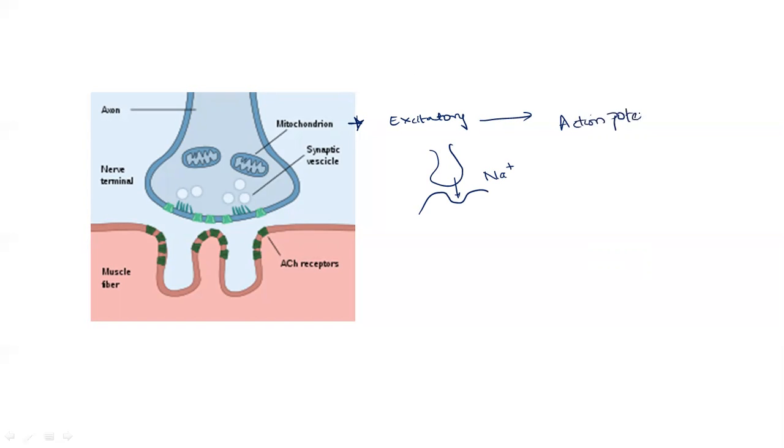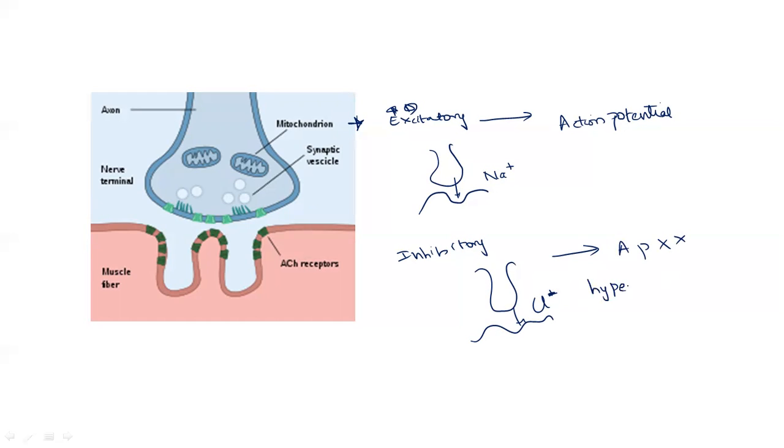I'll explain this in physiology class, but for now you have to remember that in excitatory neurotransmitters, there is more and more influx of sodium ions. Whereas in inhibitory neurotransmitters, there is influx of chloride ions, and action potential is not reached, and the cell is hyperpolarized.